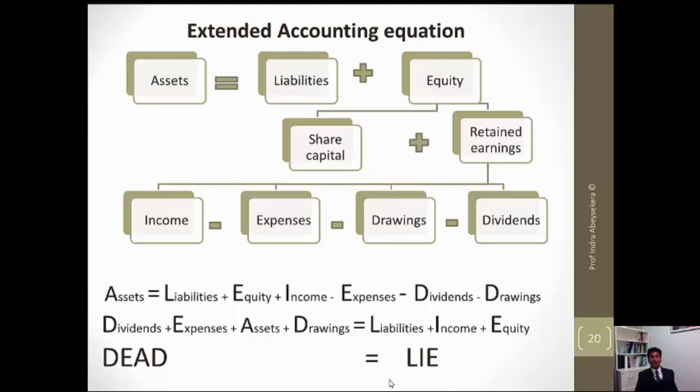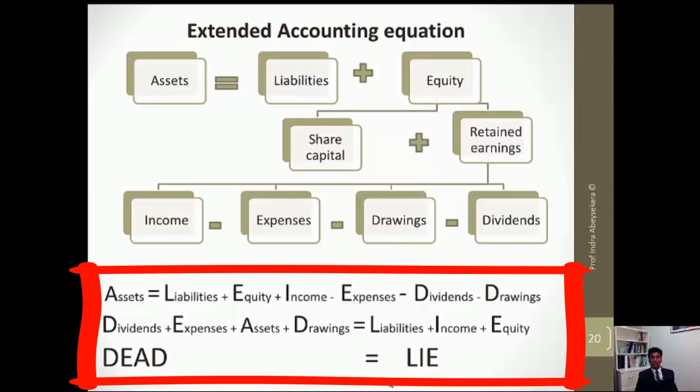So we can rewrite the equation as assets equal liabilities plus equity plus income minus expenses minus drawings and minus dividends. And we can rearrange the equation: dividends, expenses, assets and drawings on one side, and on the other side liabilities, income and equity.